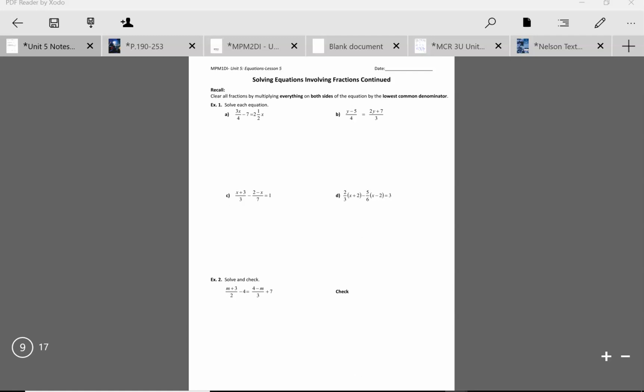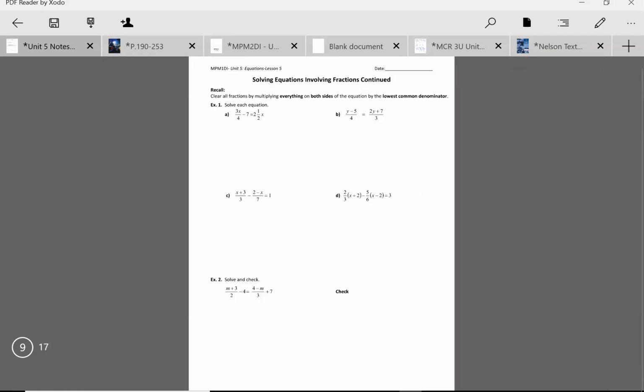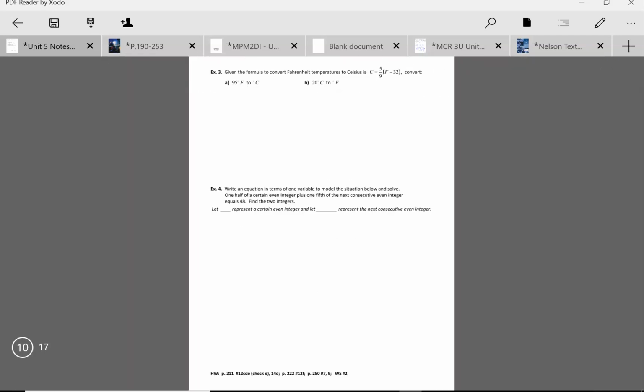So it's a very important unit. Don't take it too lightly.